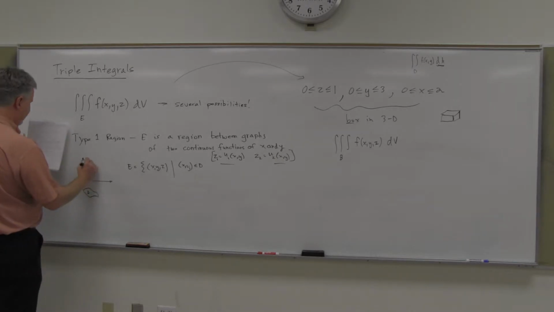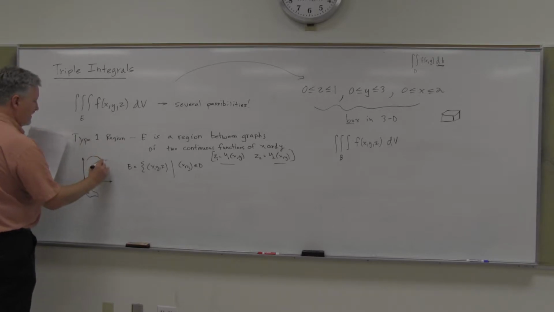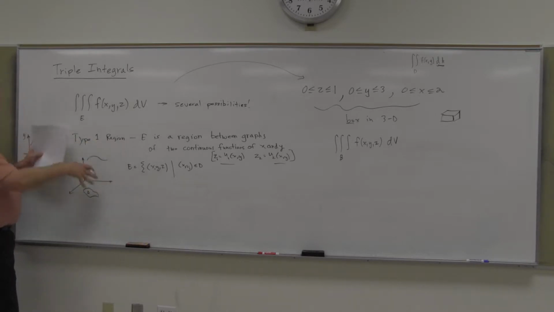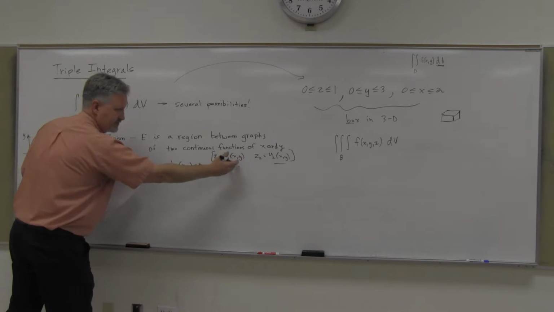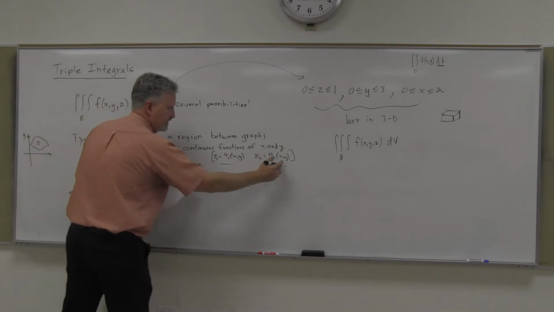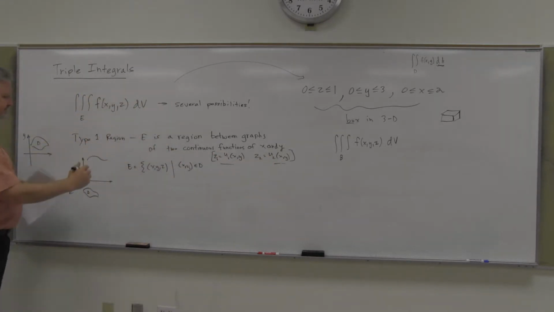So here's what I did. We've got this z equals graph for this u. Let's do u2 here. That'll be our top one.